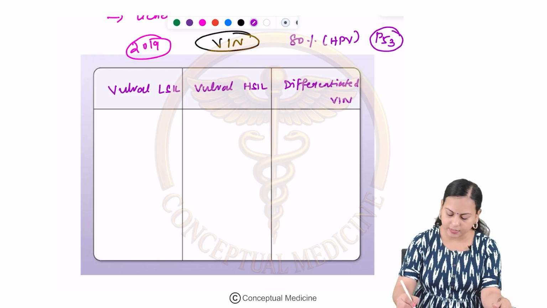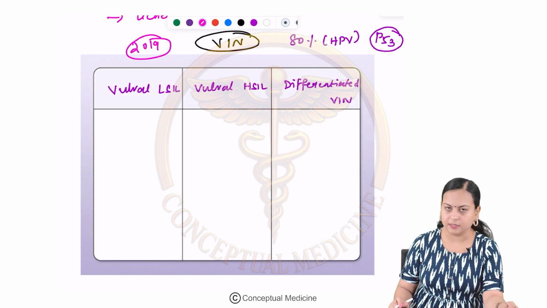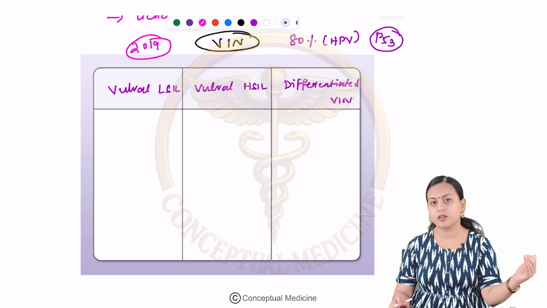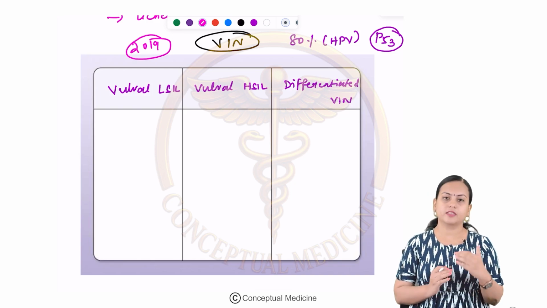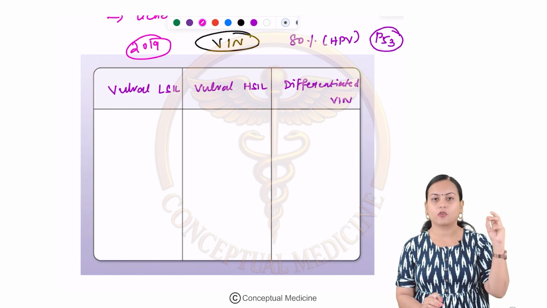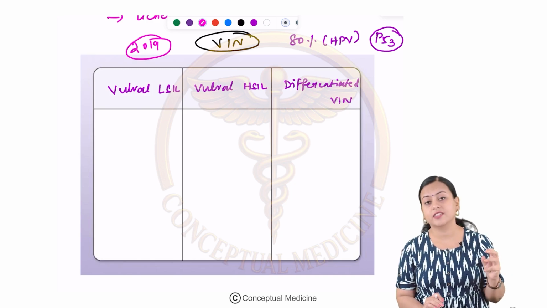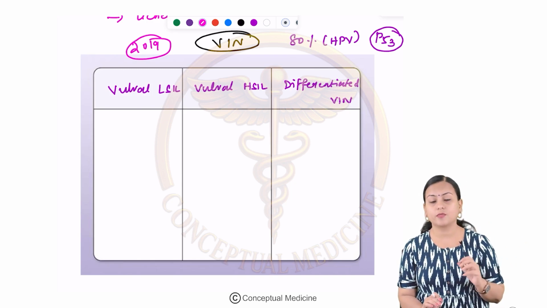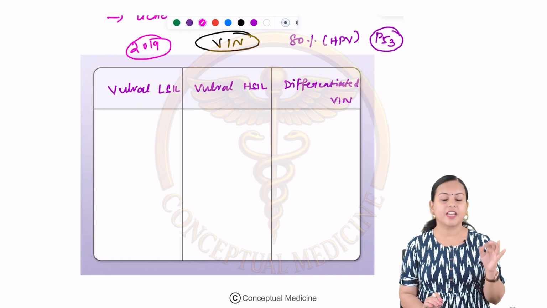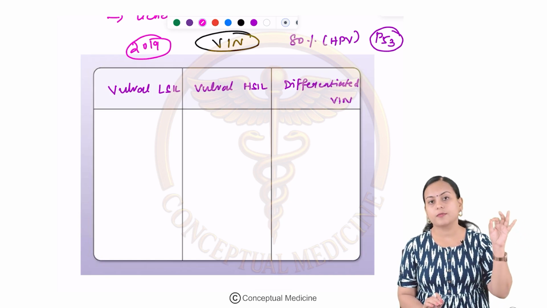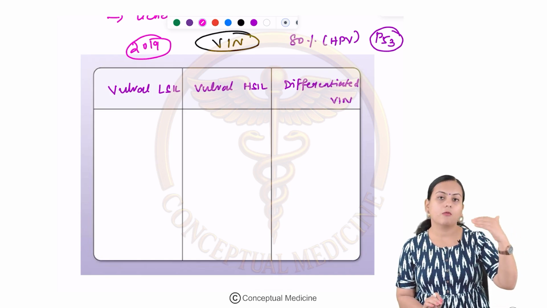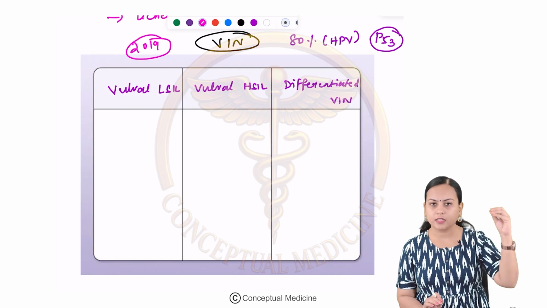Right. Now we will see low grade squamous intraepithelial lesion. This is how it will be converting. First, if there is any chronic inflammatory or infectious condition, or a change in any of the genes like P53 mutations, there will be a low grade squamous intraepithelial lesion. The lesions will be very small and confined to a certain region.